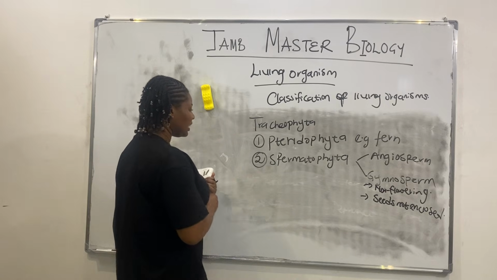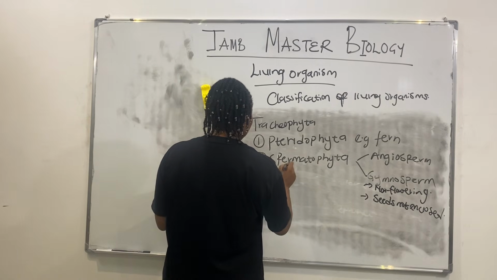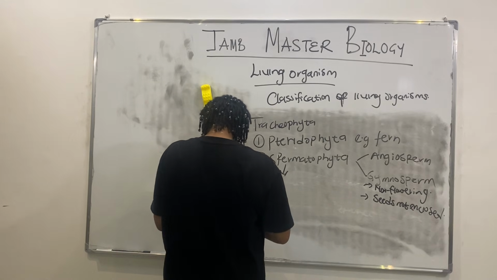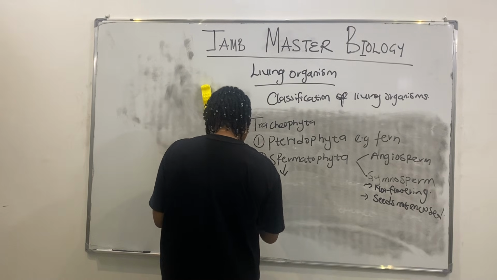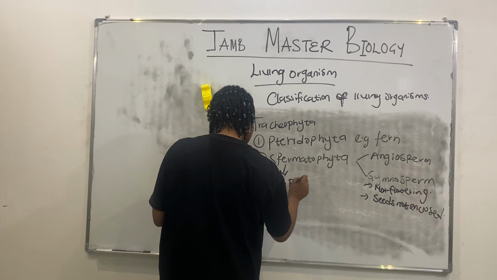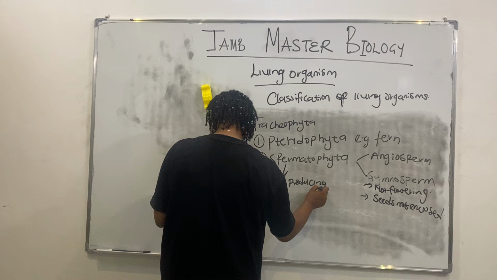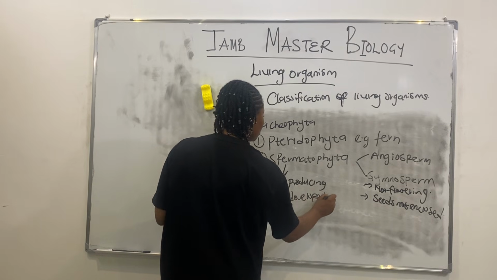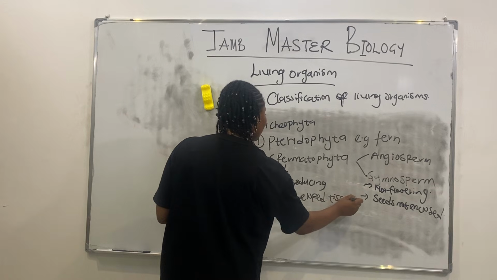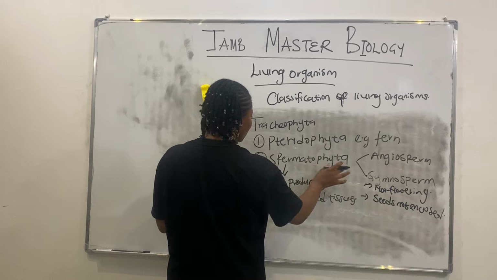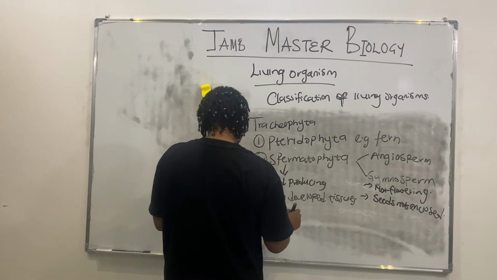So let's take down the characteristics of spermatophytes. Under spermatophyte, the characteristics are that they are seed producing. They have well developed tissues. They have true stem, roots, and leaves; that's why they are called vascular plants.